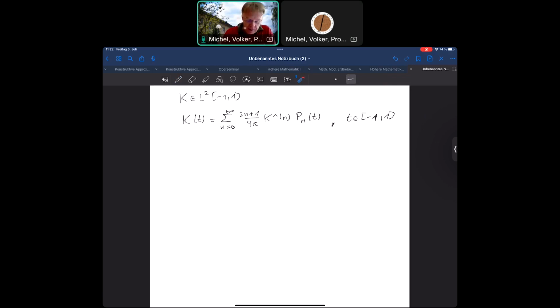So what is that here? The k hat n. It's 2 pi times the integral from minus 1 to 1, k of t, Pn of t. And this is what I usually call the Legendre coefficient of the function. Okay, so now what do we know? We know that our spherical radial basis function slash zonal function can be expanded into Legendre polynomials, which is a well-known system of functions.